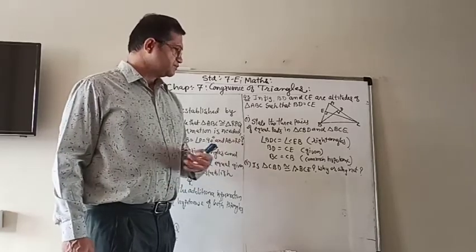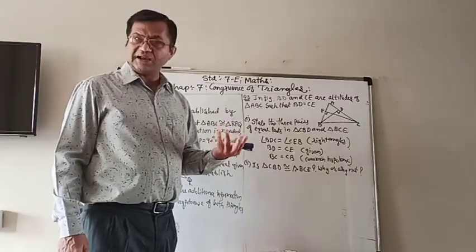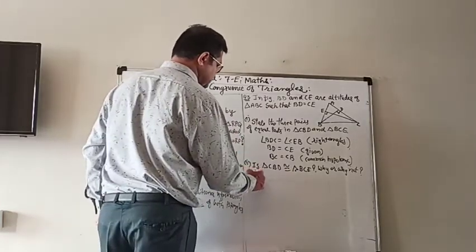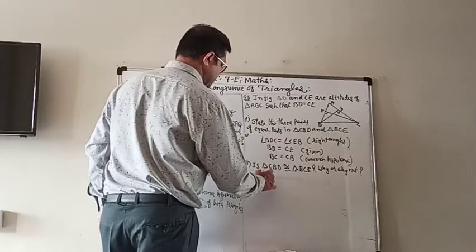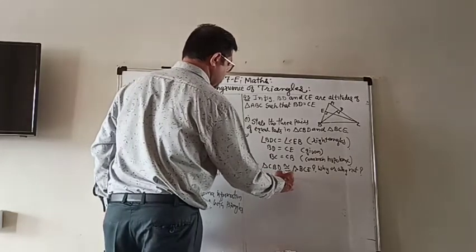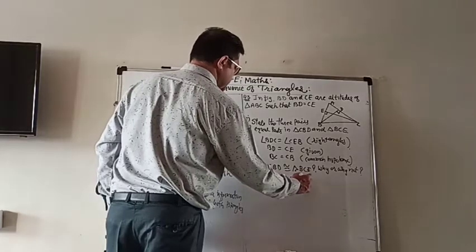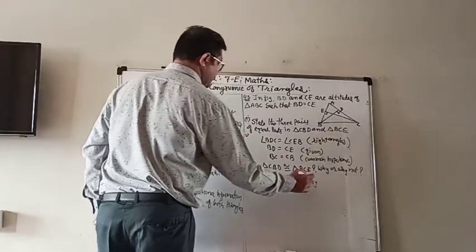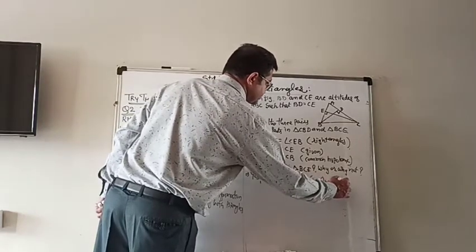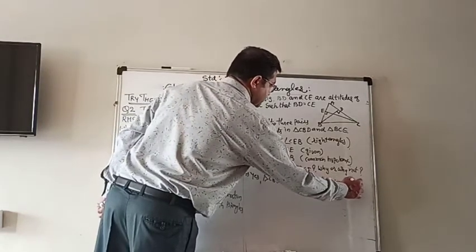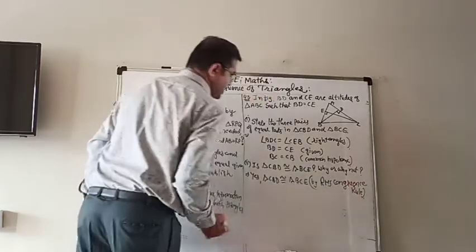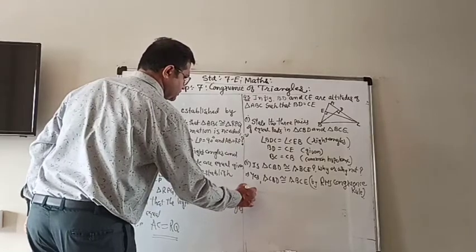So now we can say that by the RHS congruence rule they are congruent. So we can say yes, triangle CBD is congruent to triangle BCE by the RHS congruence rule. It is congruent by the RHS congruence rule.